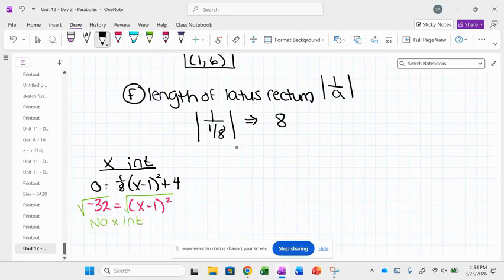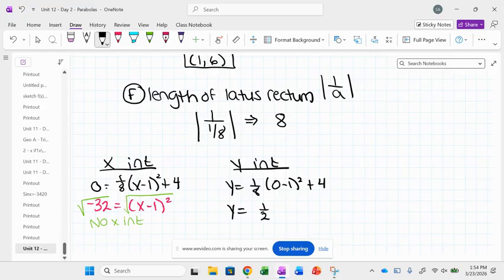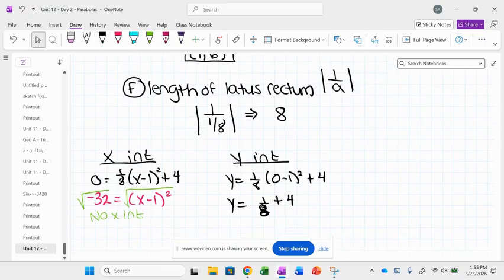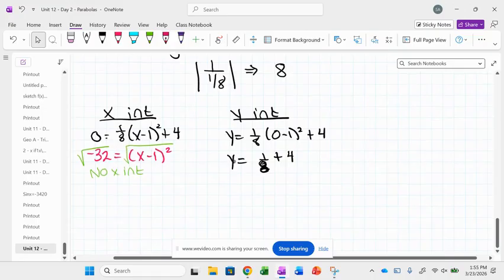All right, let's talk about the y-intercept. To find the y-intercept, we set x equal to 0. 1/8 plus 4. I'm actually going to leave it as a mixed number.